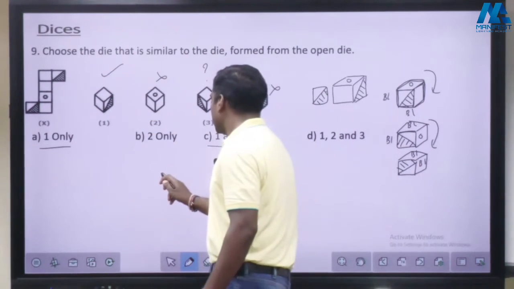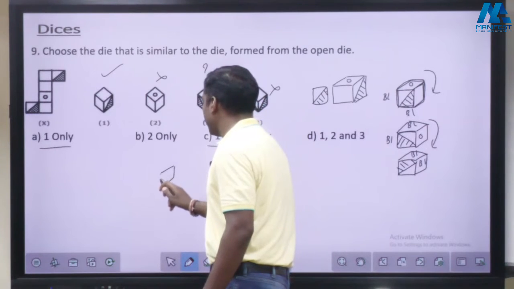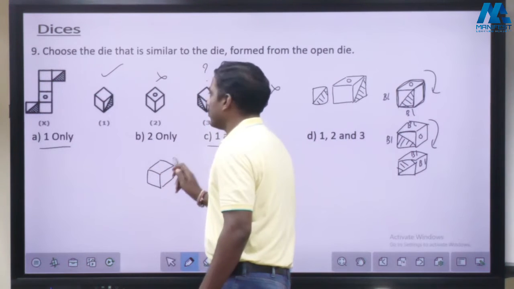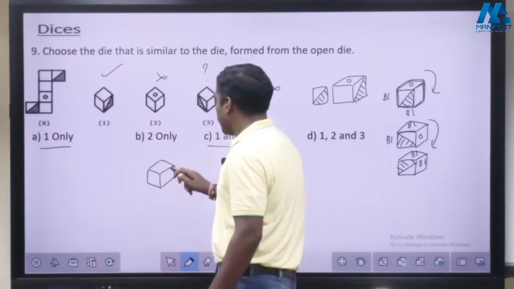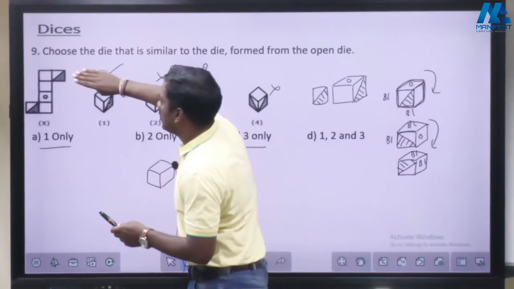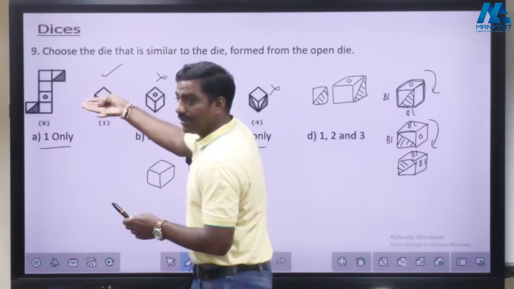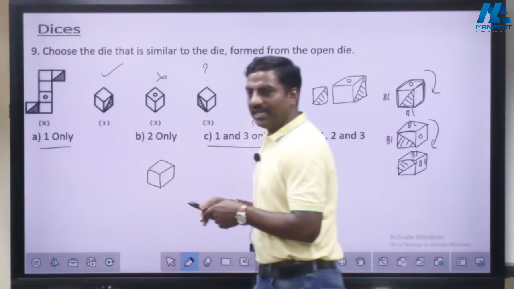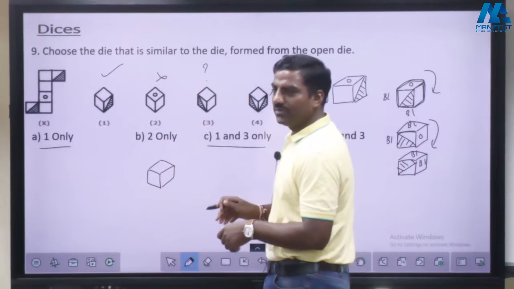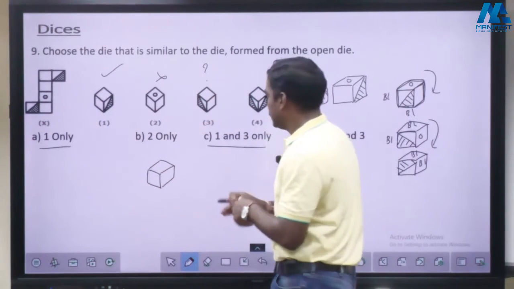Which one? This strip. Bring it to the left. When you bring it to the left, 90 degree, 90 degree, 90 degree, 90 degree, 360 degree, it will be the same. Yes or no? Yes?